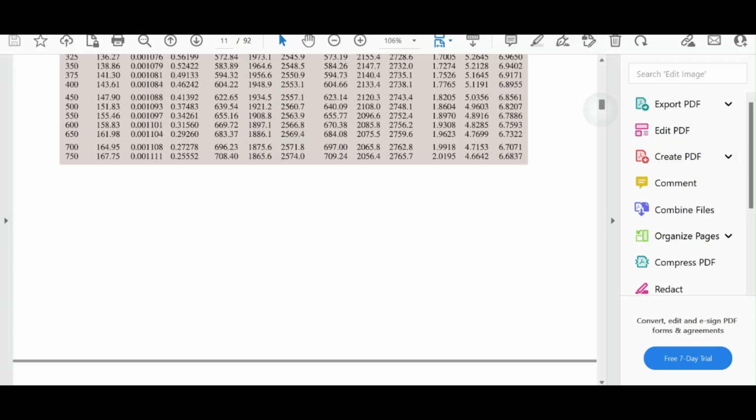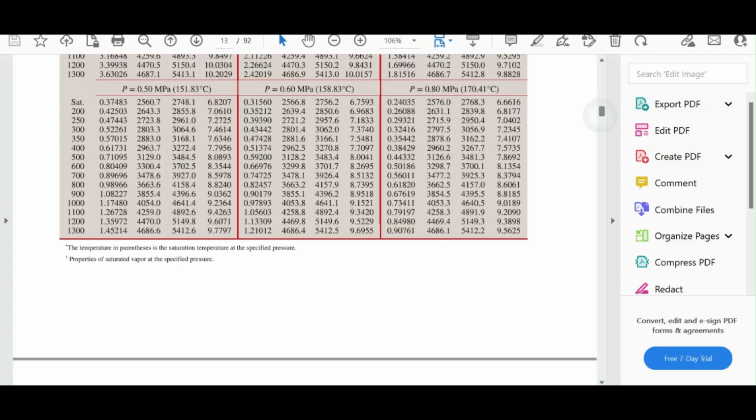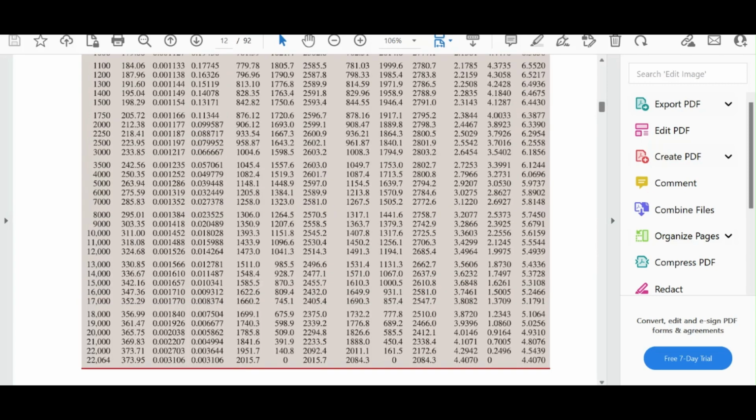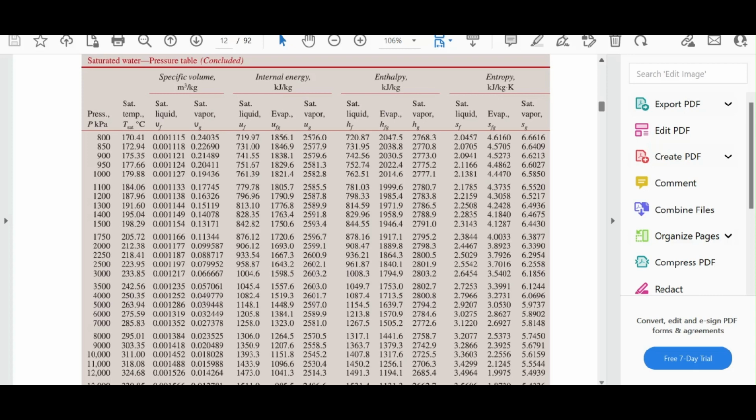So let's find HF at 1.3. So yeah, at 1.3, the temperature is 191.6.